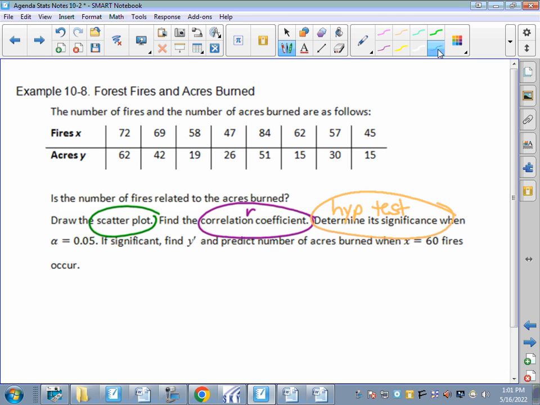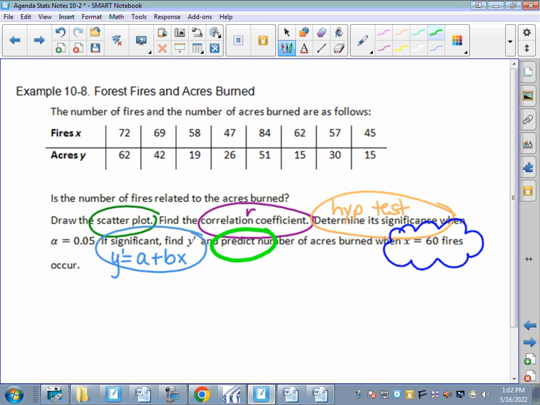If significant, find y prime, so in other words, y prime equals a plus bx, or our linear regression equation. And then it wants us to predict the number of acres burned when x equals 60 fires. So we would take this 60, place it into the equation, and do the math. Once we get through section 10.2, we're using every skill along the way that we've done.